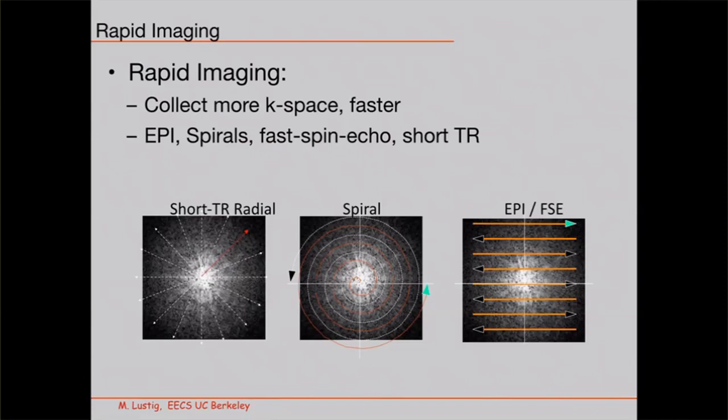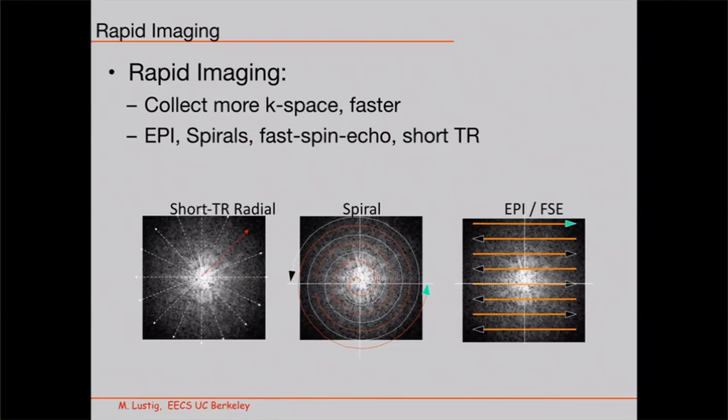You could do single-shot fast spin echo with like 128 echoes. Of course your signal starts decaying, so you can only do that for tissue that has a very long T2, otherwise you're going to have trouble.